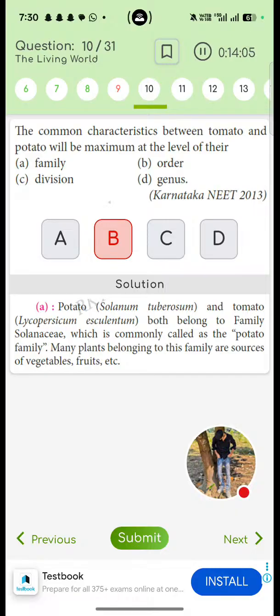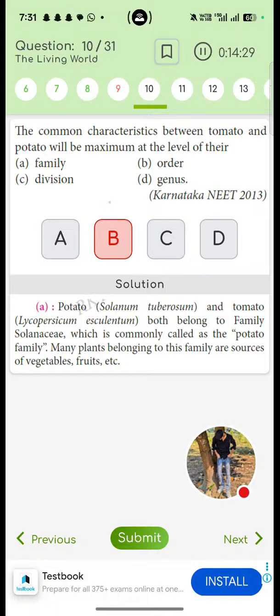The common characters between tomato and potato will be maximum at the level of their family. Potato, Solanum tuberosum, and tomato, Lycopersicon, both belong to the family Solanaceae, which is commonly called the potato family.